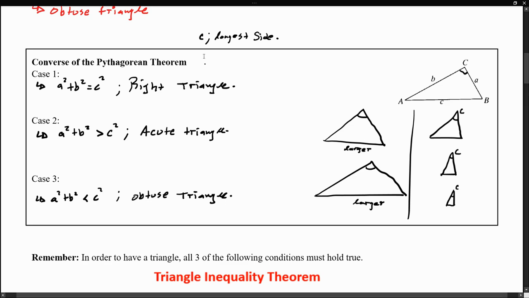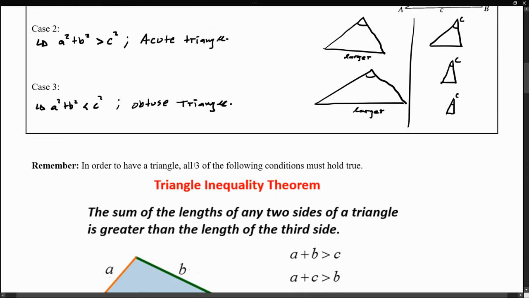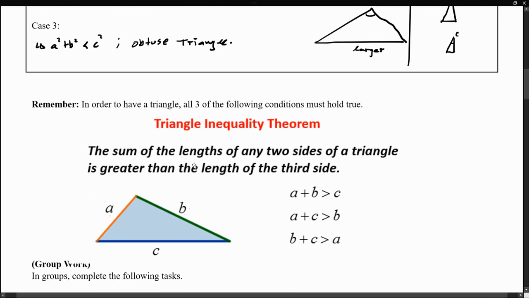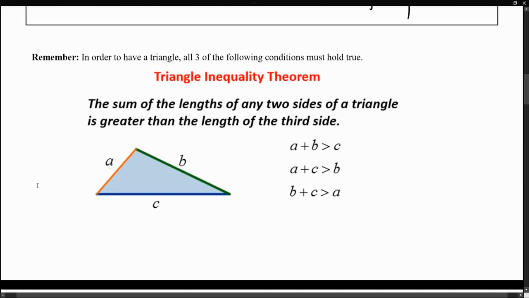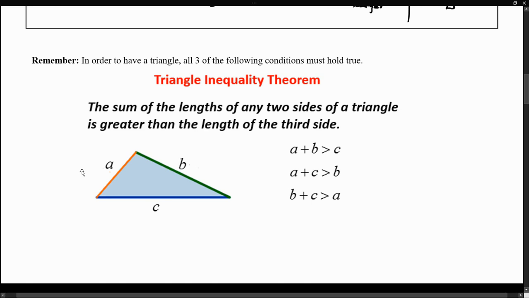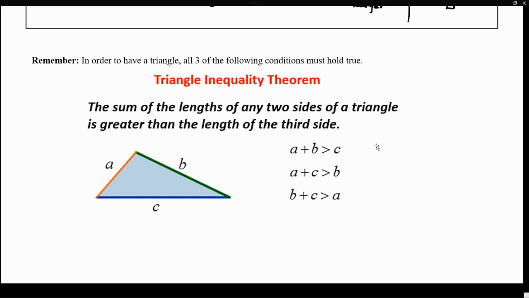So let's think back about something very fundamental, which is when exactly is it that we have an actual triangle? This is something that we have discussed previously, but it never hurts to remember. The only way that we can create a triangle is if the sum of two of the sides is greater than the third.